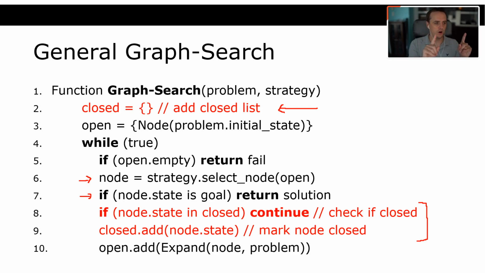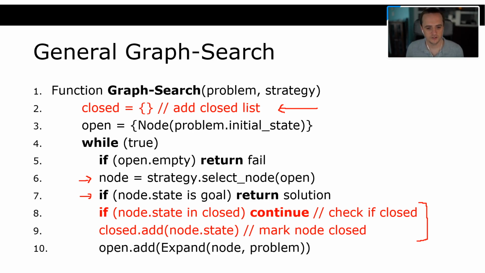But now we have one more step before we expand, okay? Normally we would have gone right to the expansion step, but what we're going to do is the following. If the state of that node is in the closed list, continue. And what that means is, if the state of this node has already been expanded, then don't expand this node anymore, okay?